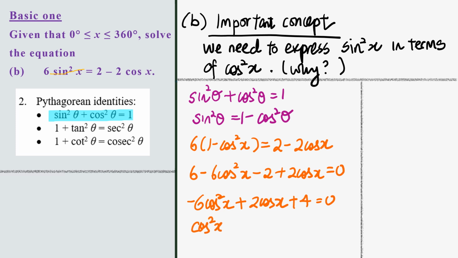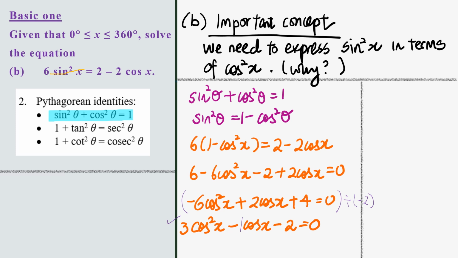What I've done here is I actually divide by -2 throughout. So -6 divided by -2 will give me 3, 2 divided by -2 will be -1, 4 divided by -2 will be -2.